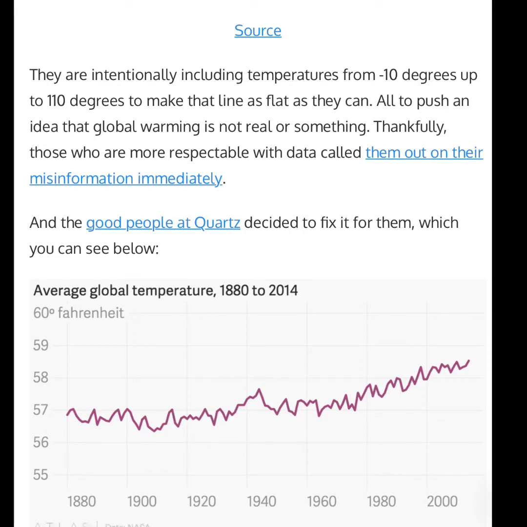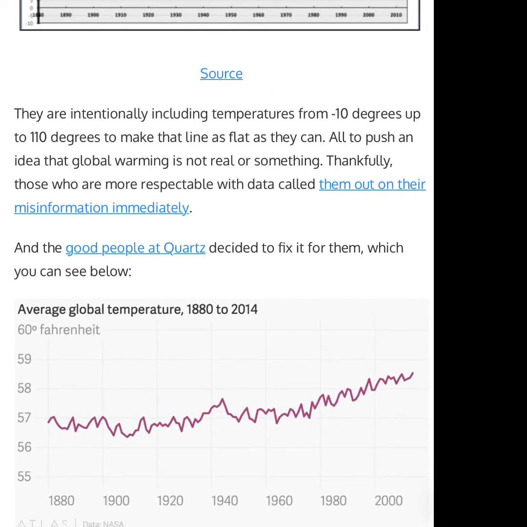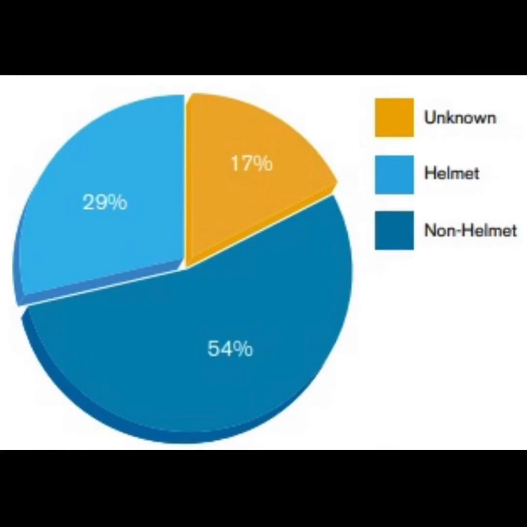So you just have to be careful of what the people who are making the graphs are trying to do, or what might be the one that makes the most sense. Hopefully we always use the one that makes the most sense. This circle graph is probably not misleading, although we don't know what the unknown means.